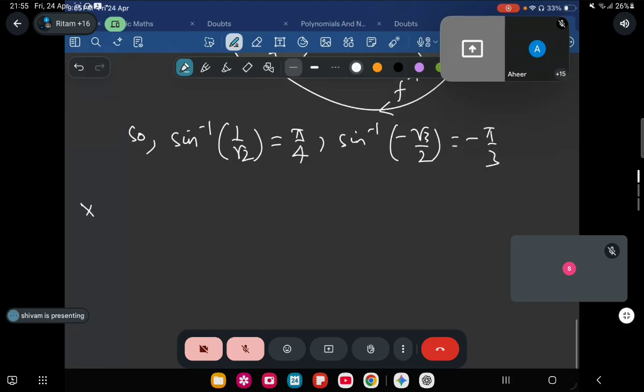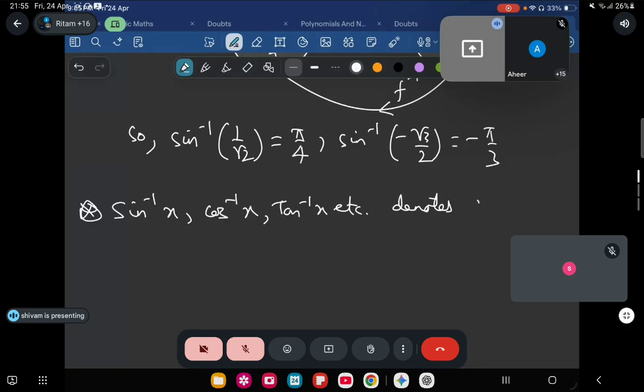Next, sine inverse x, cos inverse x, tan inverse x denote angles of real numbers.